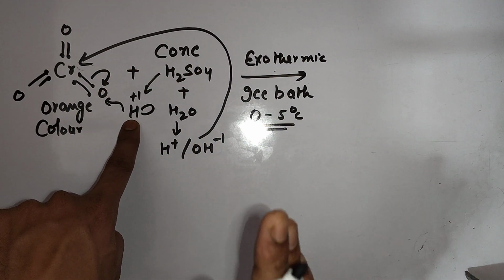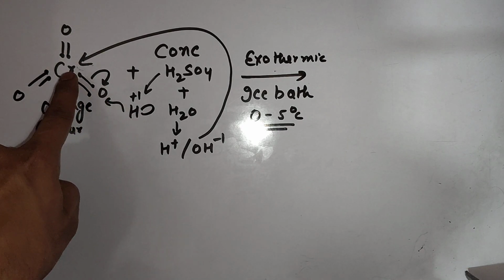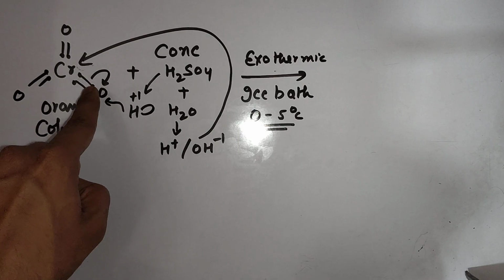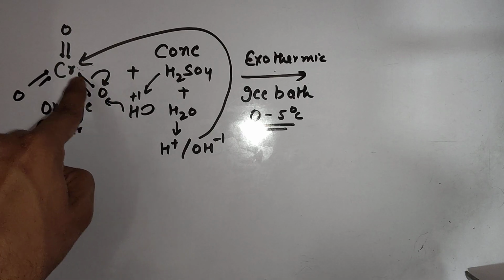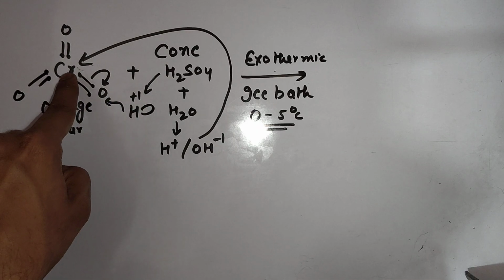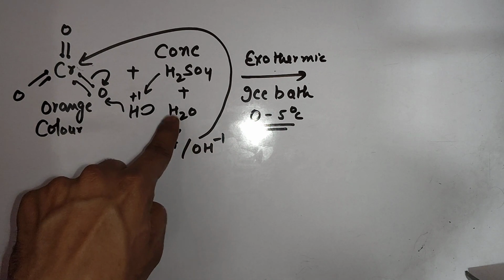H positive, electrophile, wants electrons. Which electrons? Pi electrons. Obviously pi electrons are closer toward oxygen, so it will attack on oxygen. The bond will break, electrons will shift toward oxygen. These electrons will be used by oxygen to make a bond with hydrogen, due to which a vacant orbital with a positive charge will generate on chromium, which will be filled by OH negative, which was generated from H2O.